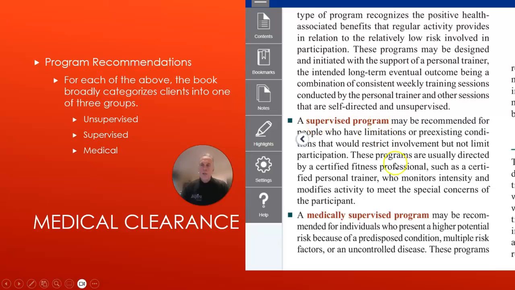Whereas supervised is a little more professional relationship where you're actually working with and being directed by a certified personal trainer. That certified personal trainer is monitoring and working with the person and designing and developing programs for the person to follow. And there's a more regular interaction because it's a hired client. All right, so I just didn't want you to get confused between unsupervised and supervised. I know they put personal trainer in here.